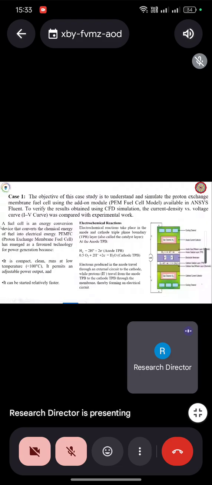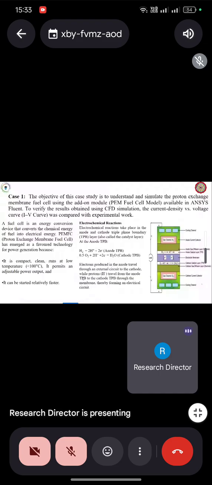What is a fuel cell? Basically, a fuel cell is an energy conversion device that converts the chemical energy of the fuel into electrical energy. Some chemical reaction is happening, and it generates electricity, and that electricity is used to drive the motor, basically in an EV.